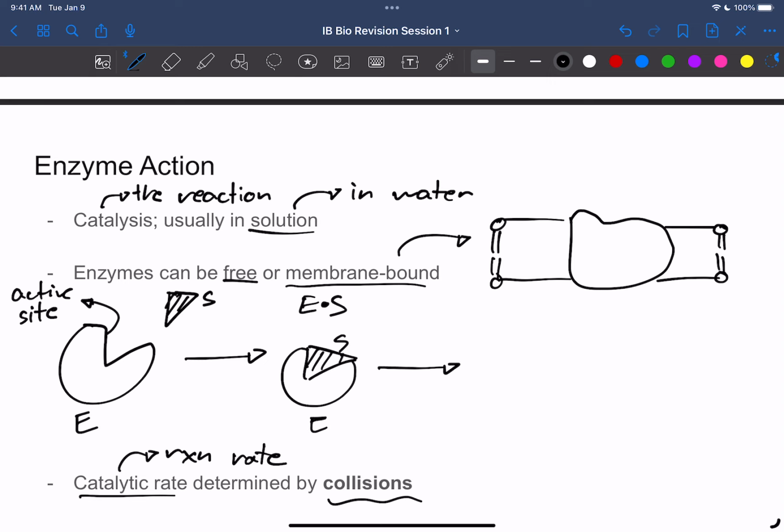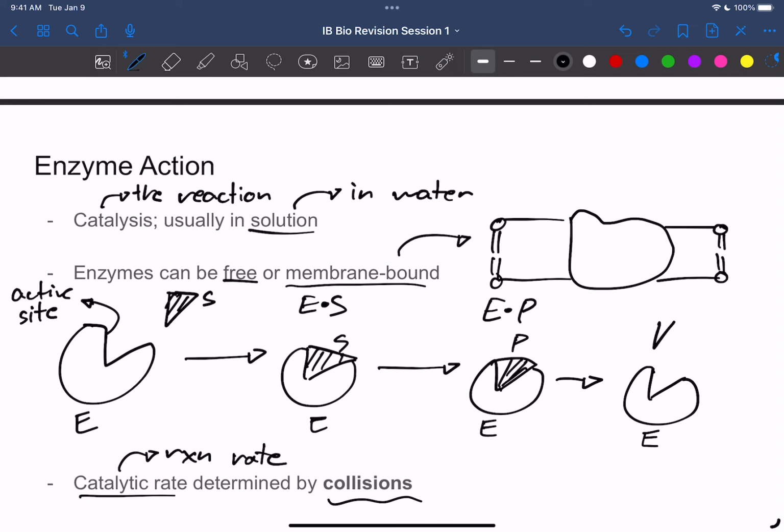What's next? Well, catalysis occurs, the actual reaction. Let's say it splits it in half. We're going to call it the product. So this is the enzyme product complex. And then the products leave. And as you can see, the enzyme doesn't change at all.